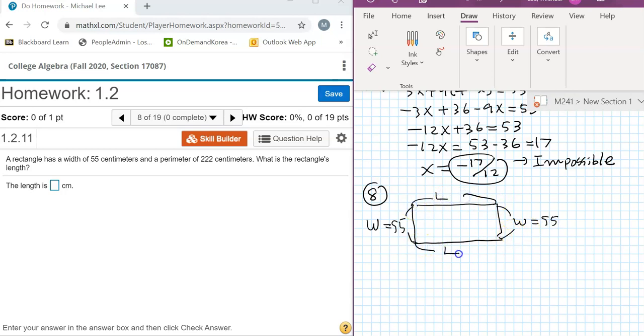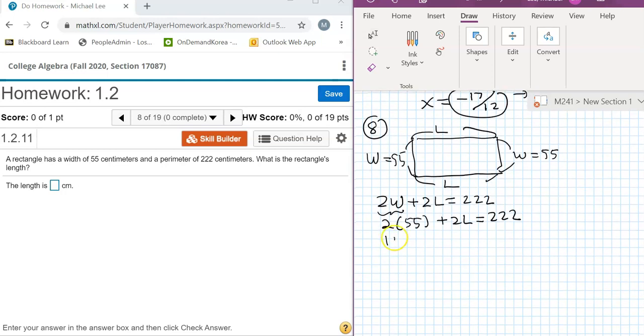So twice the width and twice the length is the perimeter, 222. But 2w is 2 times 55, plus 2l is 222. That means 110 plus 2l is 222. 2l is what? 222 minus 110.